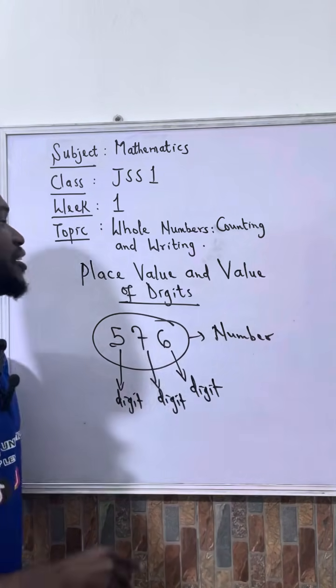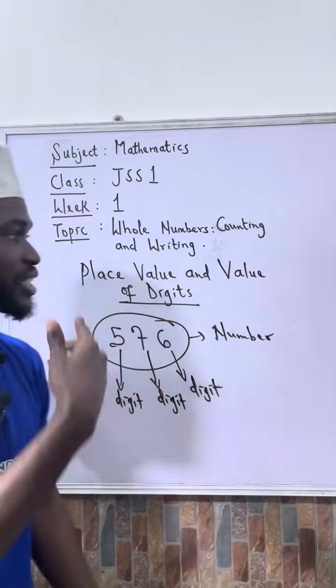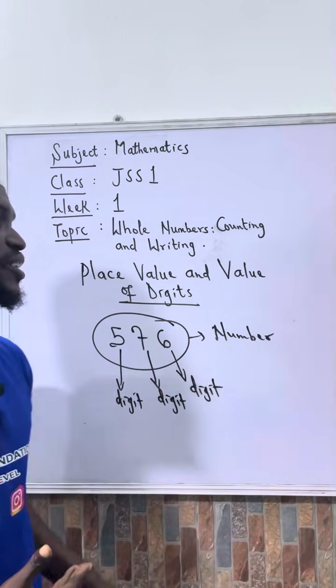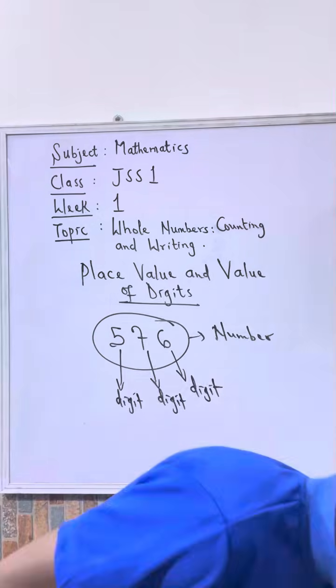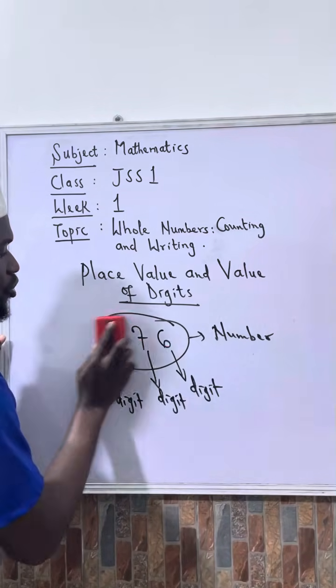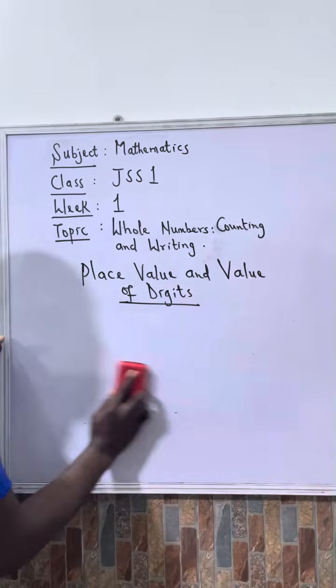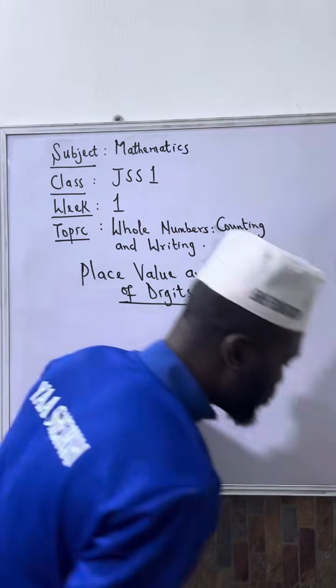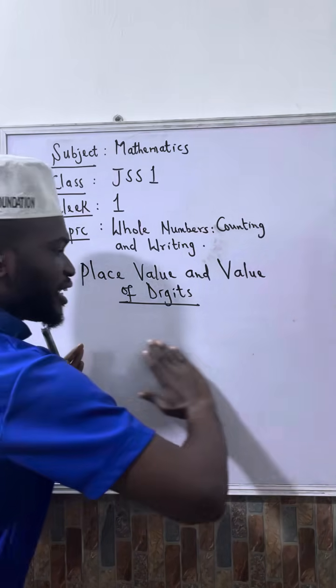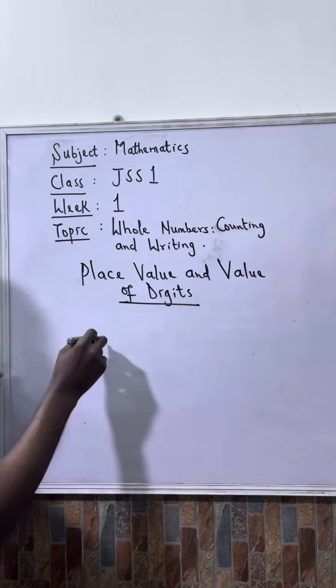Now, let's enter into place value and value. How do we differentiate between place value and value of a digit in a particular number? Let me simply write one very long number, for example.